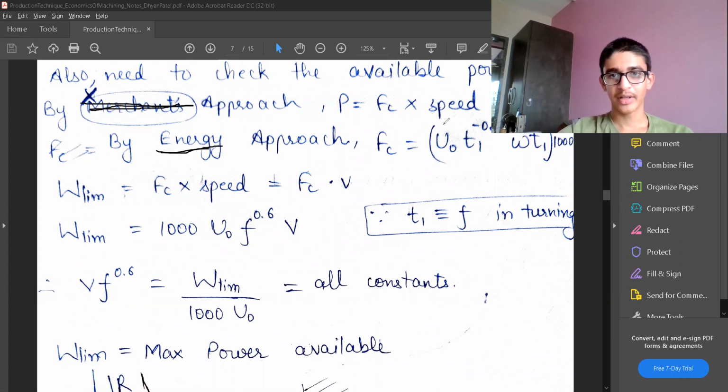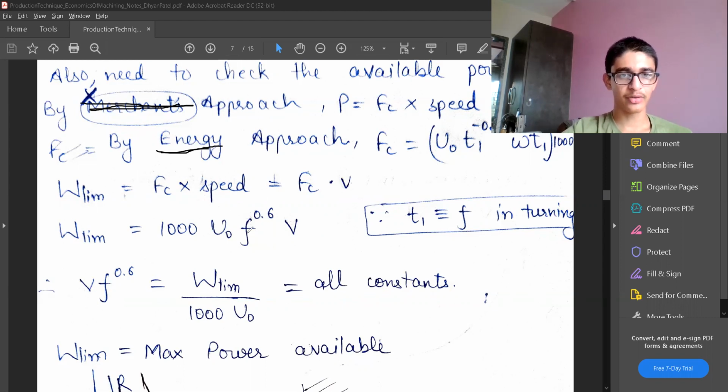So this is the specific energy into my volumetric material removal rate. The maximum work I can get, W limit, is this FC into speed, FC into V. So I can substitute that FC from there.